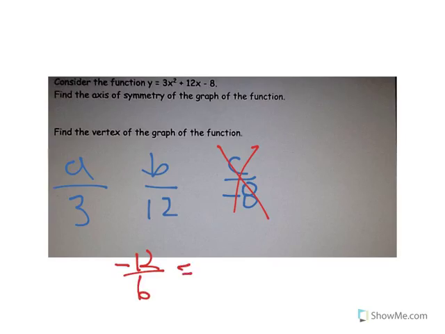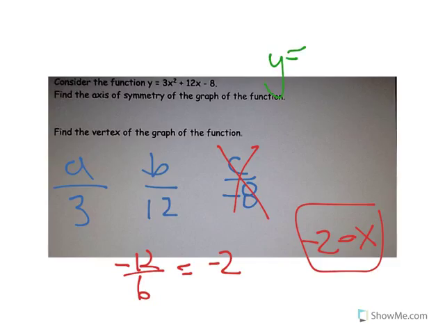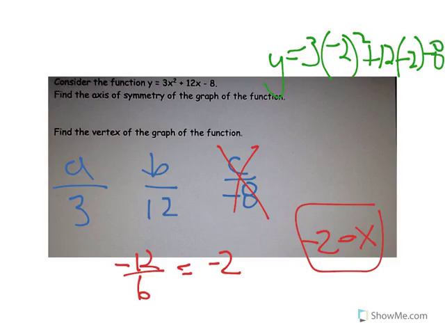So the actual line of symmetry is going to be x is equal to -2. Then when we plug this into the original equation, we're going to come up with y is equal to 3 times -2 squared plus 12 times -2 minus 8. So let's see what that's going to be.